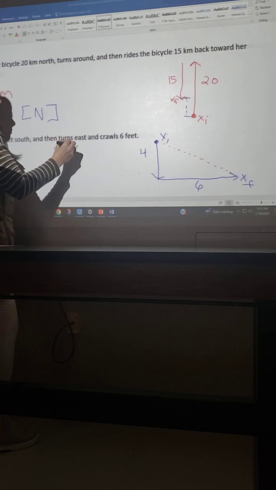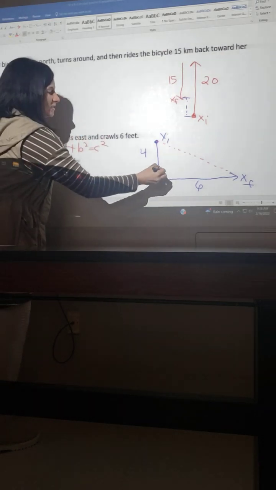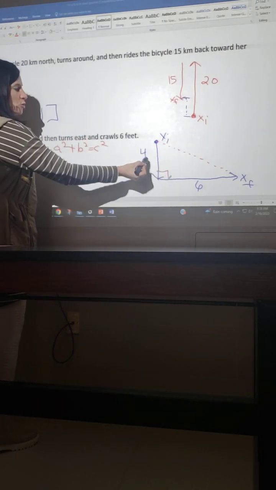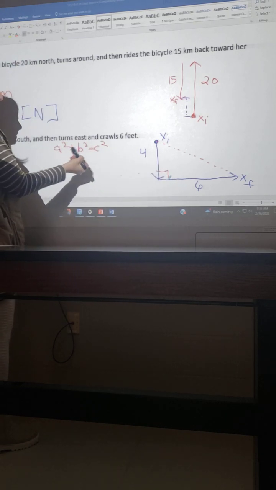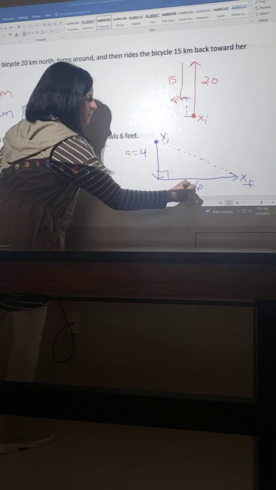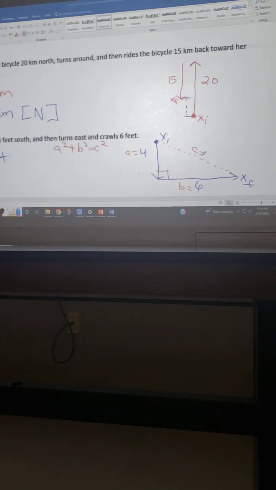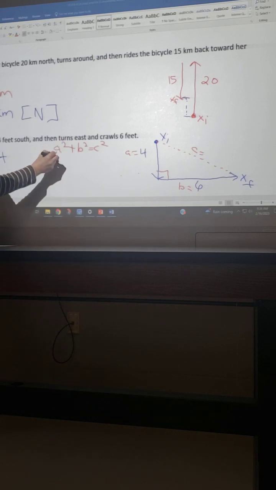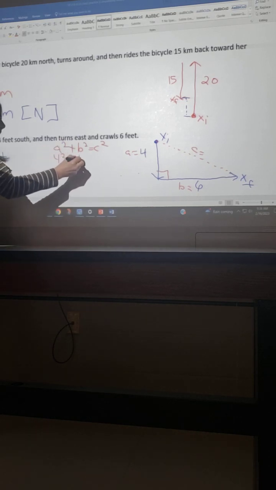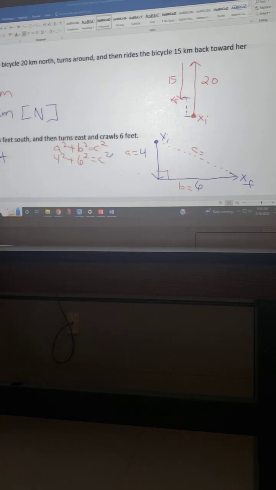Okay, so our theorem is a squared plus b squared equals c squared, where this is a right triangle. Short two sides squared added together equals, so if this is my A, this is my B, my hypotenuse or my longer side is C squared. So he said if we put in 4 squared plus 6 squared, that should give me my C squared.